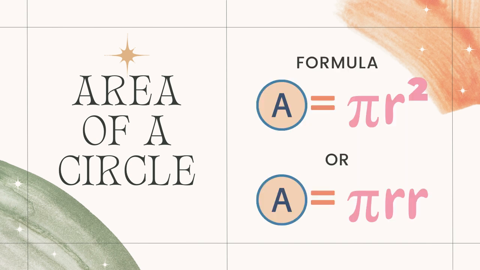And the main formula that you're going to be given is this top one right here. The area equals pi r squared. But since our calculators aren't doing exponents, and I like to make things as easy as possible for most of us, I stretched your formula out a little bit. Instead of r squared, just do r times r.